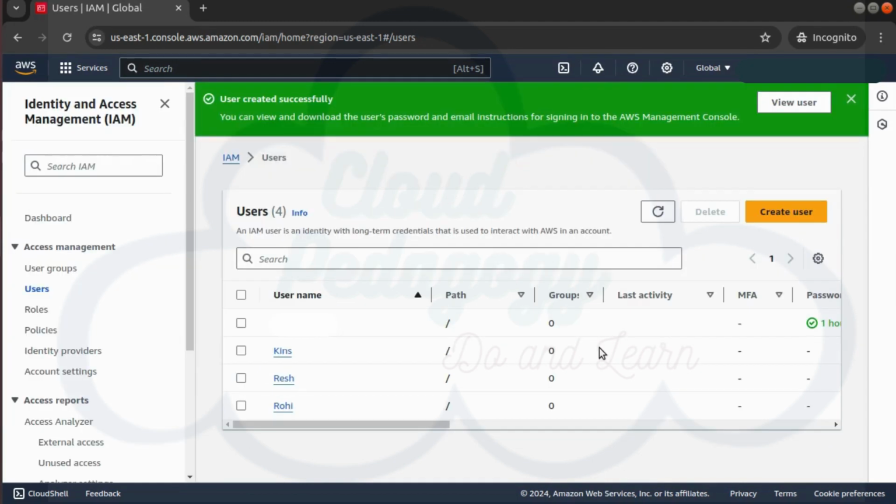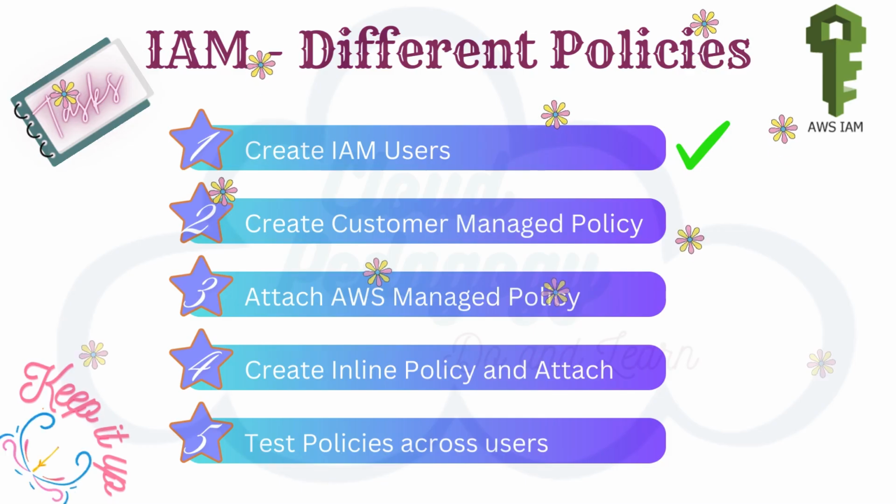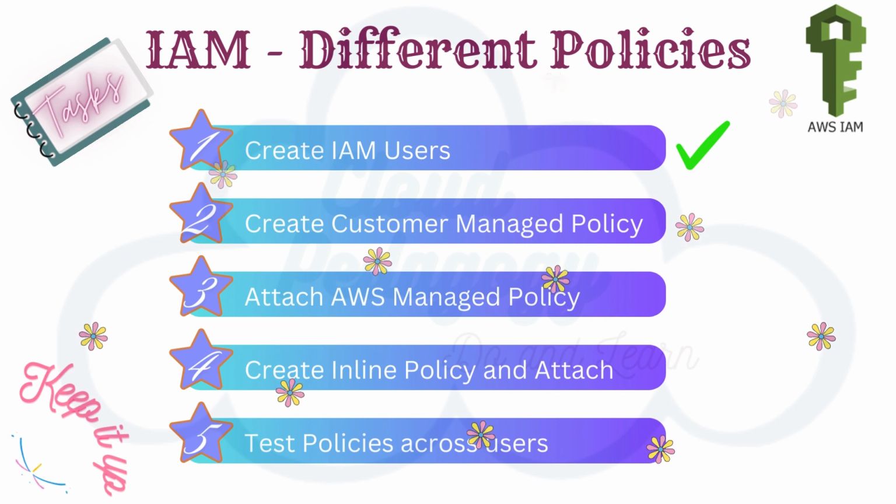Here you can see 3 users that we are working around with the policies. Good job. Now our 3 users are created without any permissions that are attached to them.